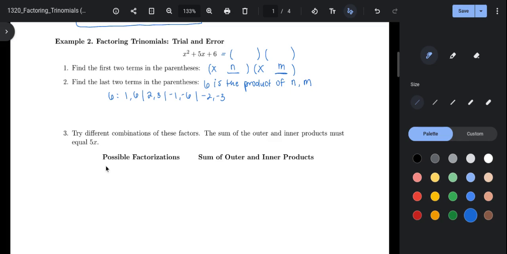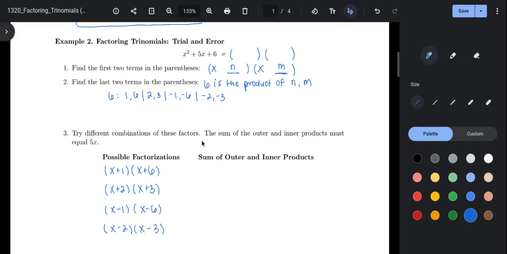So we have x plus 1 times x plus 6, or we could have x plus 2 and x plus 3, or we could have x minus 1 and x minus 6, or x minus 2 and x minus 3.